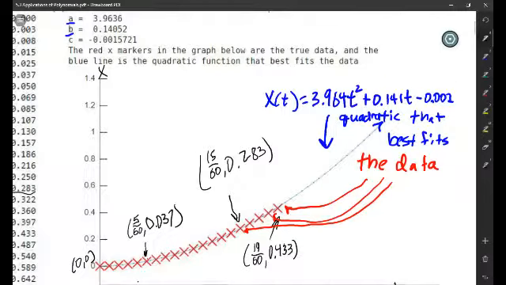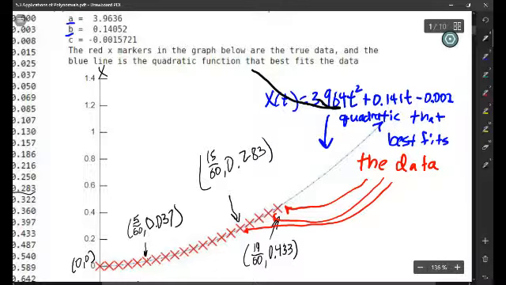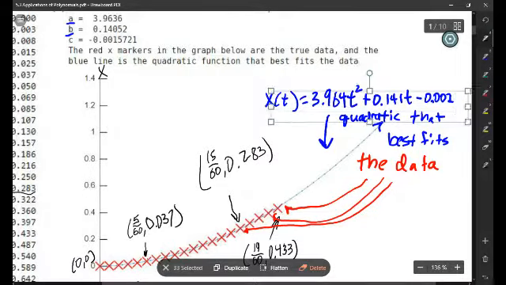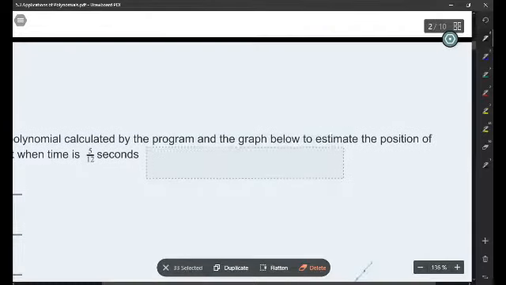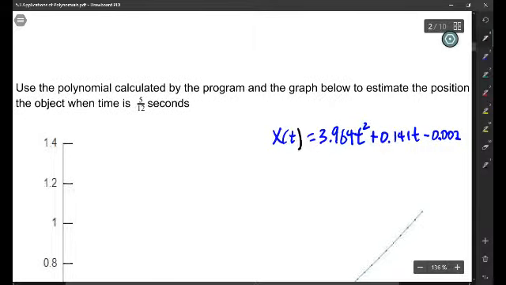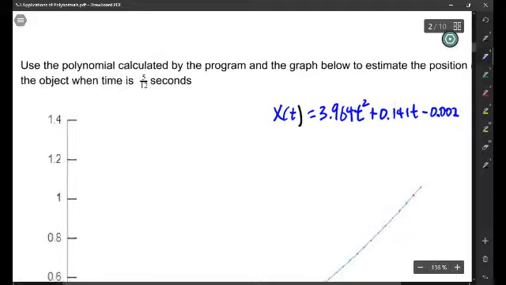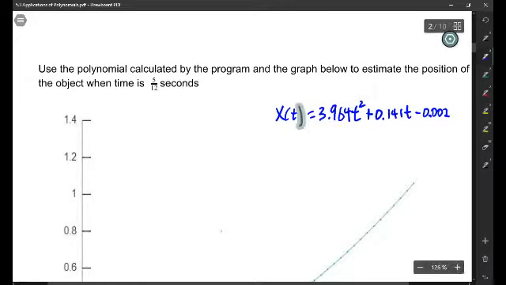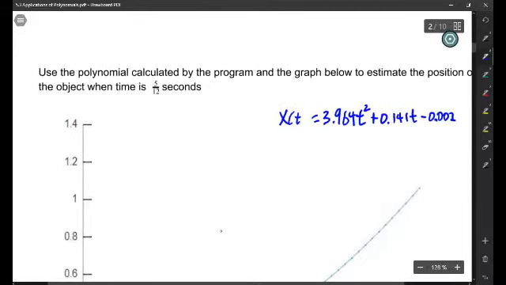So let's take this quadratic function here and we'll use it down here. Because the problem says use the polynomial calculated by the program and the graph to estimate the position of the object when time is 5/12 of a second. So that's t equals about 0.42 seconds.